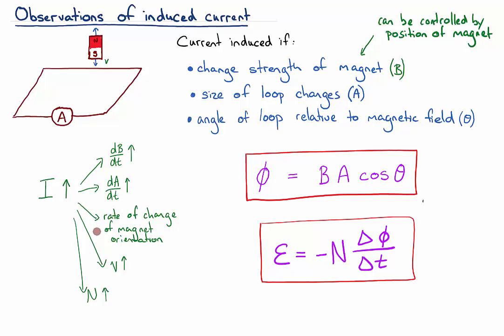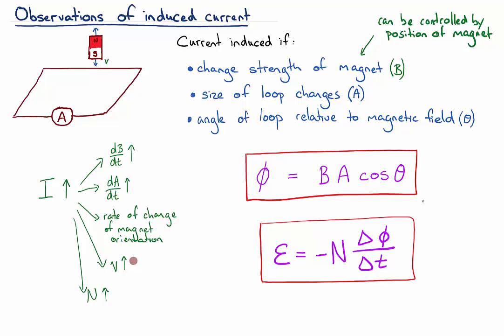If you change the orientation of the magnet, or move it around even, you're actually changing how many magnetic field lines are piercing the loop, so you're changing the flux. And if you're changing the flux over time, you get an induced current.